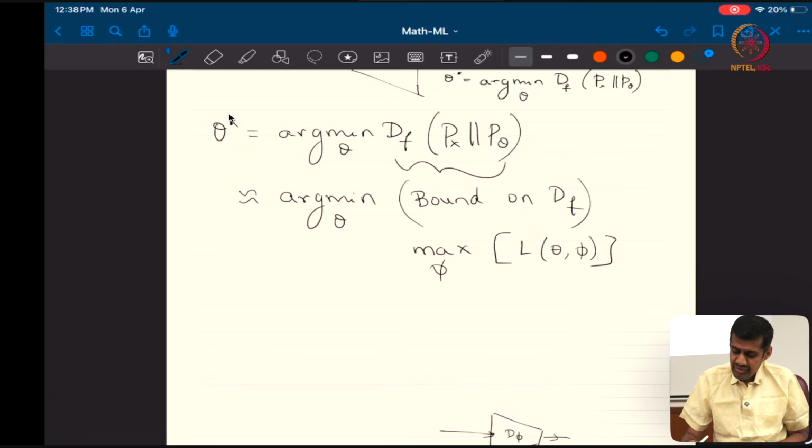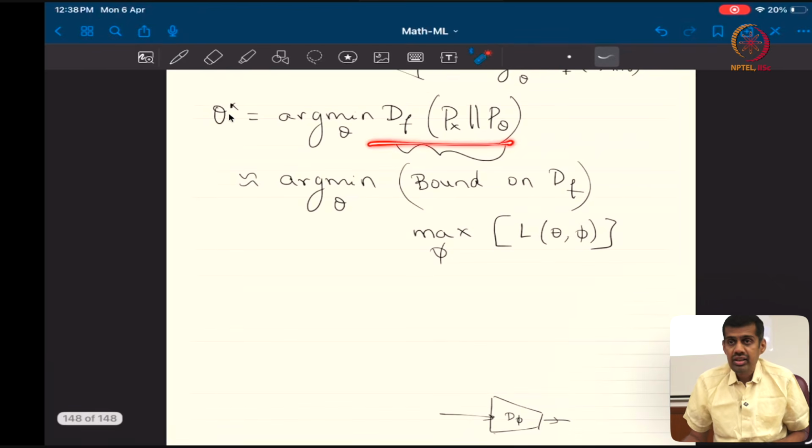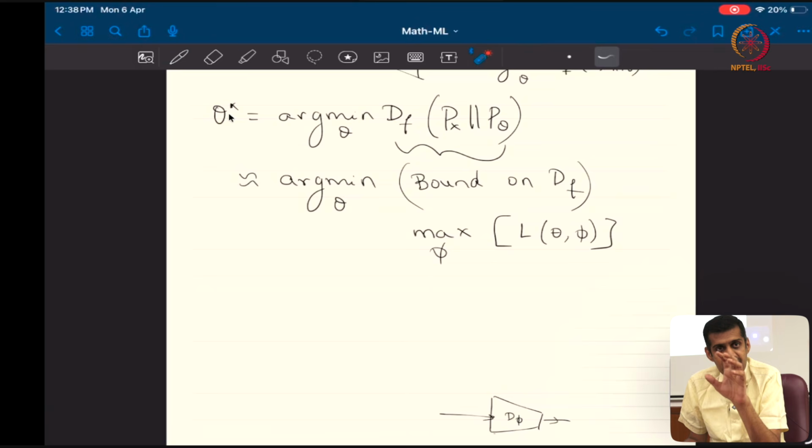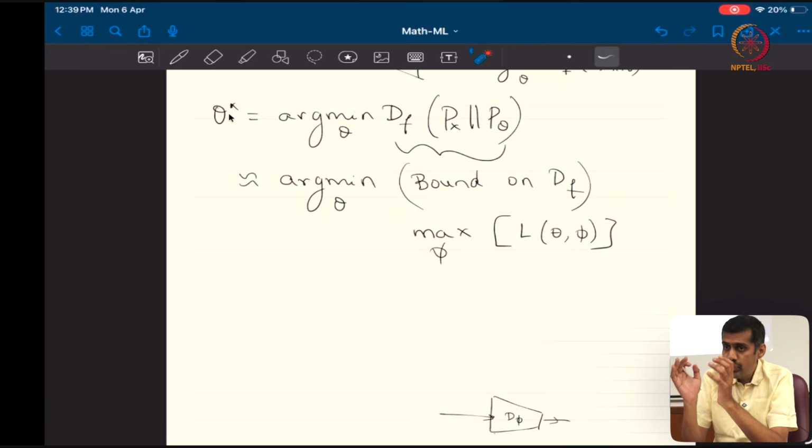There is a function that you are trying to optimize. Please pay attention here, because I am only giving you a sketch of the math and not the entire math. We cannot optimize that function with respect to the particular parameters because of intractability, so we construct a bound on that objective function. That bound itself involves an optimization problem over another class of functions.